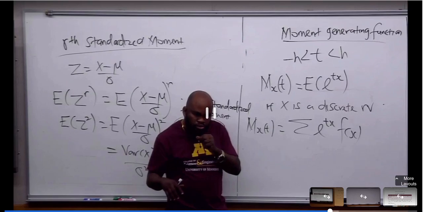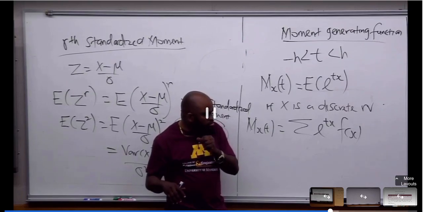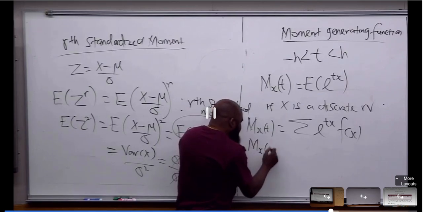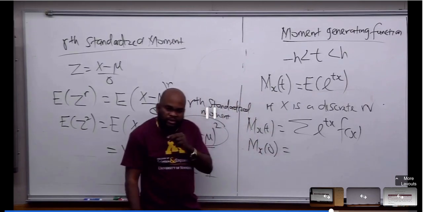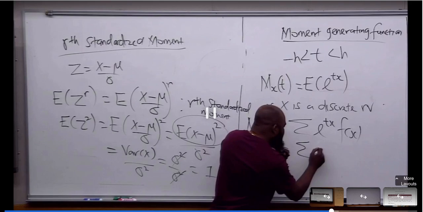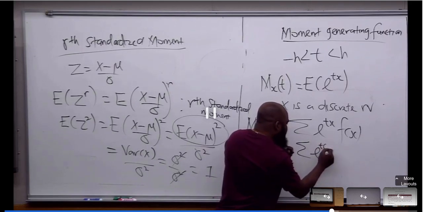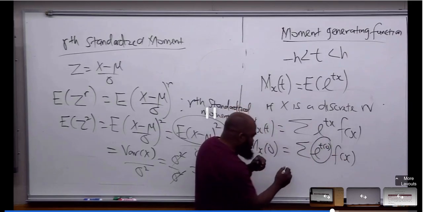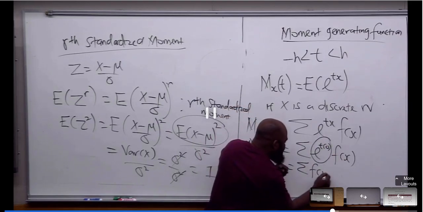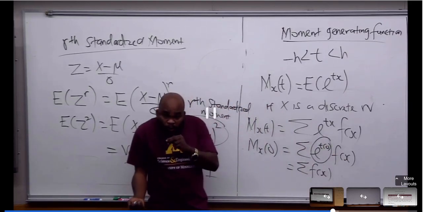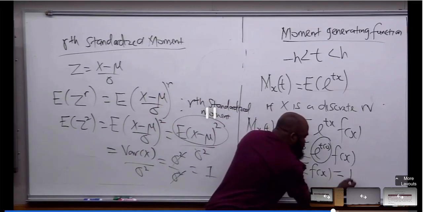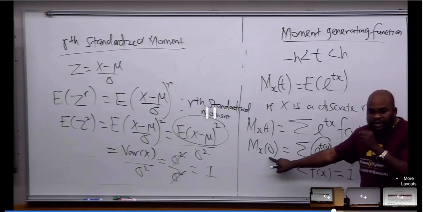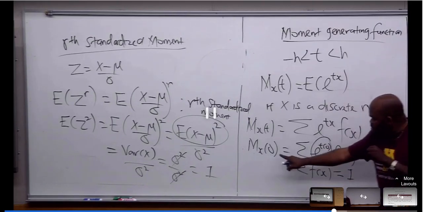When I plug in 0, M_X(0) is going to be the sum of f(x). Oh my God, that's going to be 1. And what is the sum of f(x)? 1. Does that make sense? It is the sum of a probability. So the moment generating function at the zero moment is going to give you 1.